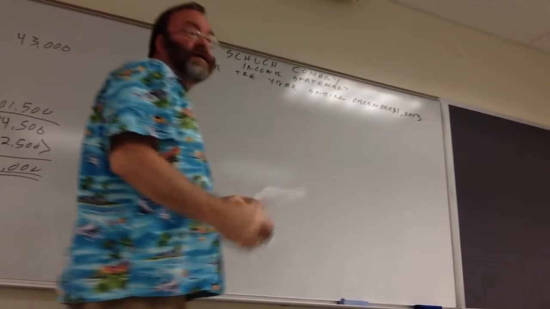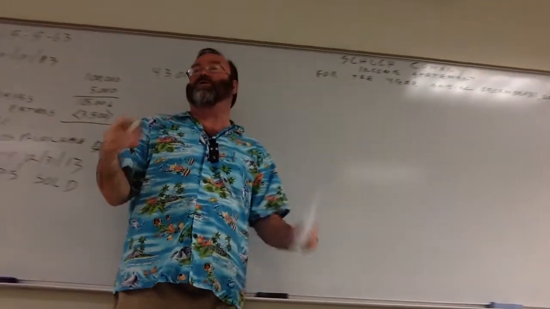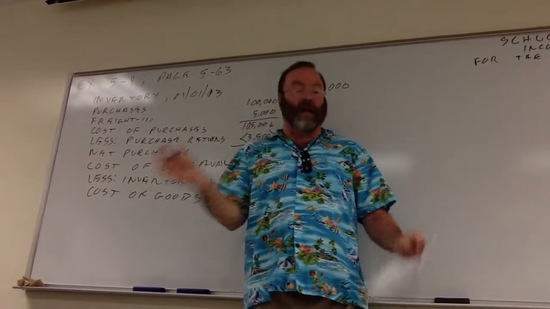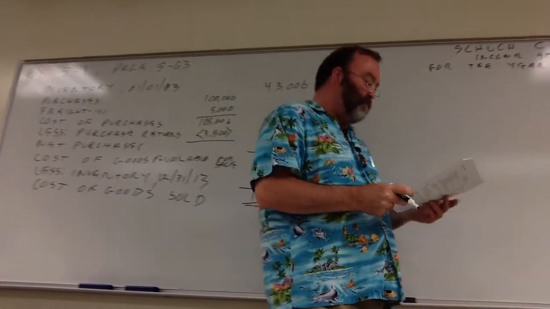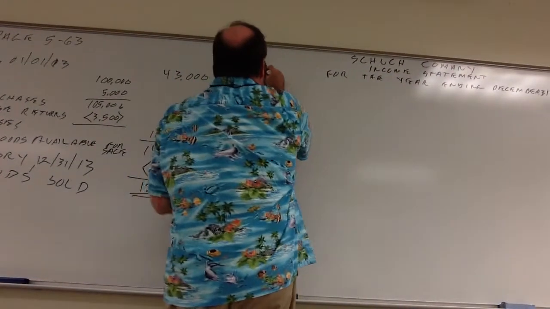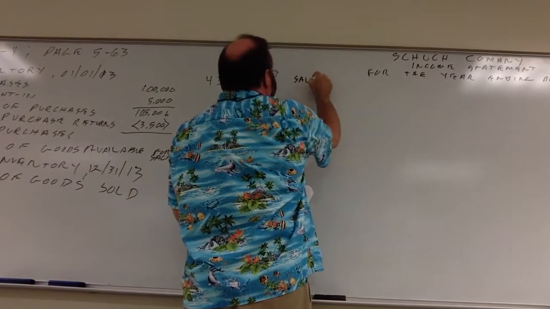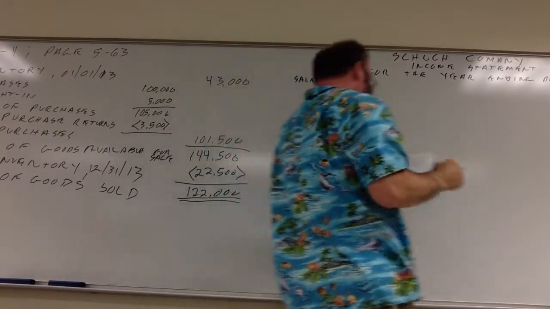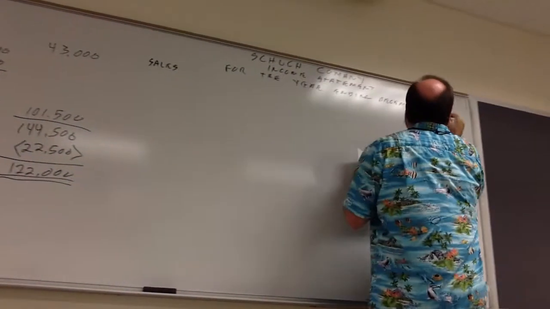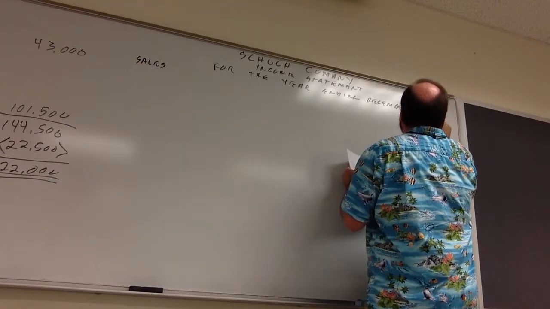So this measures activity, so it is for the year ending. It's not like the balance sheet we were doing last chapter. You're going to start with sales of $250,000.